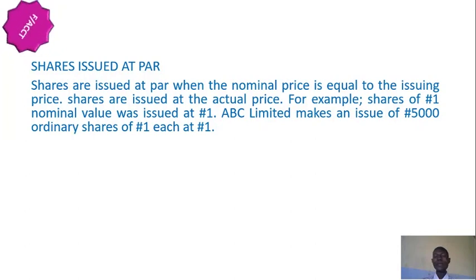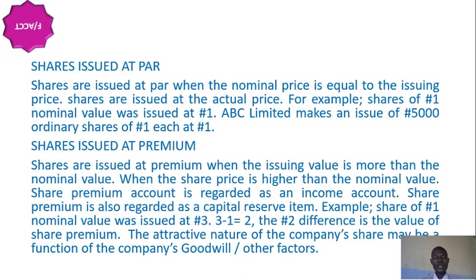For instance, ABC Limited makes an issue of 5,000 ordinary shares of 1 naira each at 1 naira. The nominal price is equal to the issuing price. It will give us shares issued at par. Then the next one is shares issued at premium.